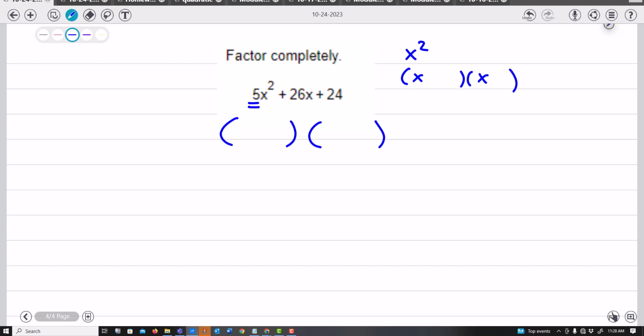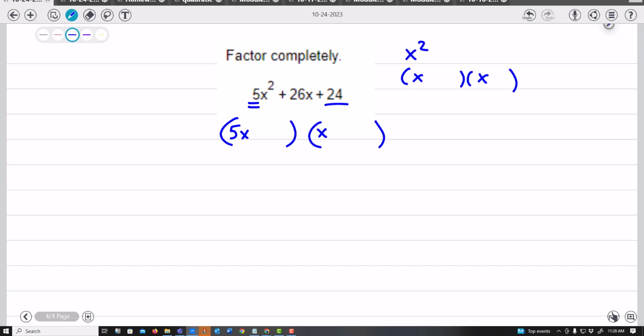And I say, well, the only way to get 5x squared is 5x times x. And then I just kind of mentally try to think of what two numbers could multiply to get 24, right? And then that I could also add them to get 26.